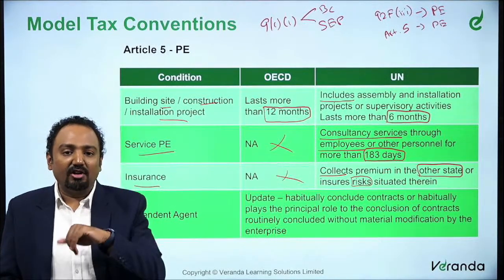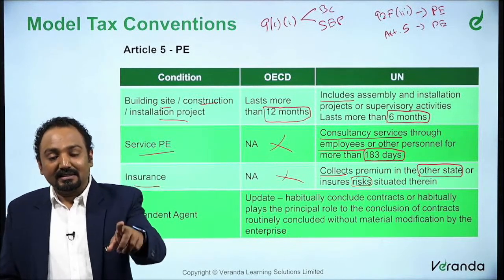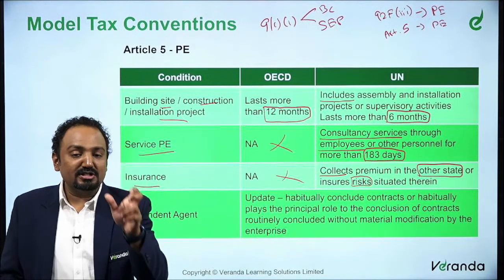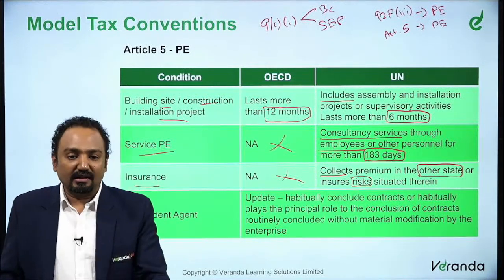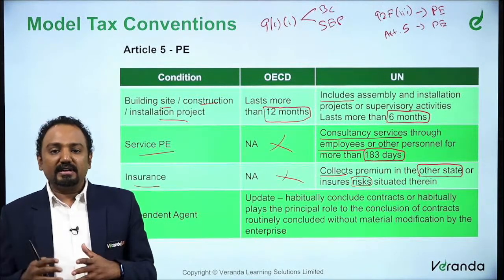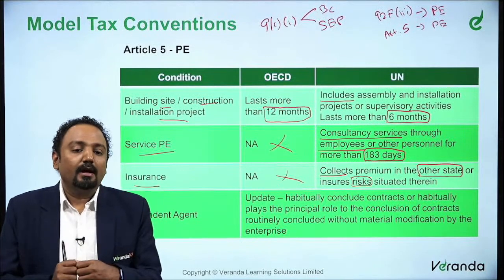That country will automatically become a permanent establishment because the premium is either collected there or the object on which the risk is insured is located there. In that case also, this insurance becomes a permanent establishment as far as United Nations concepts go.